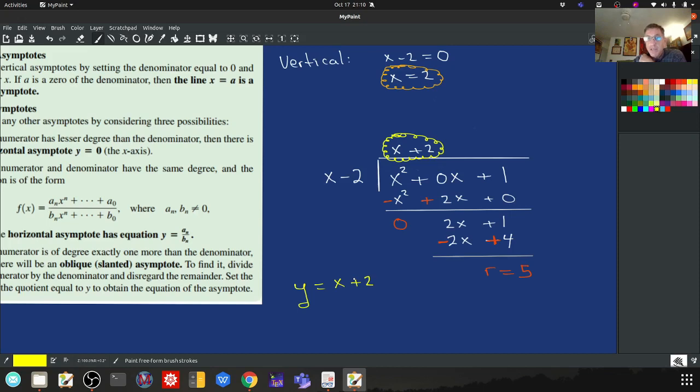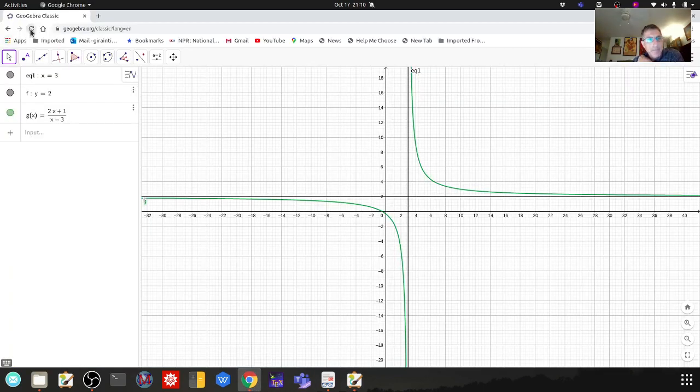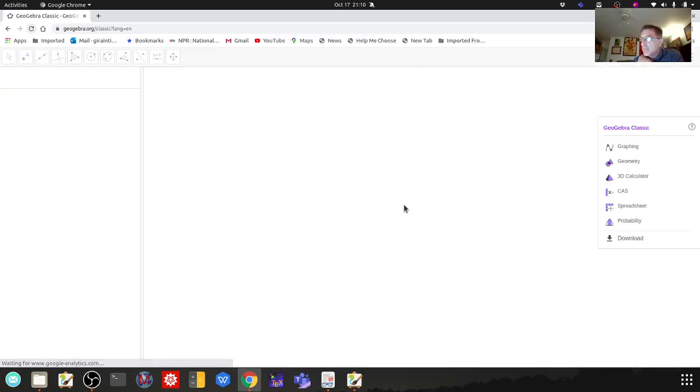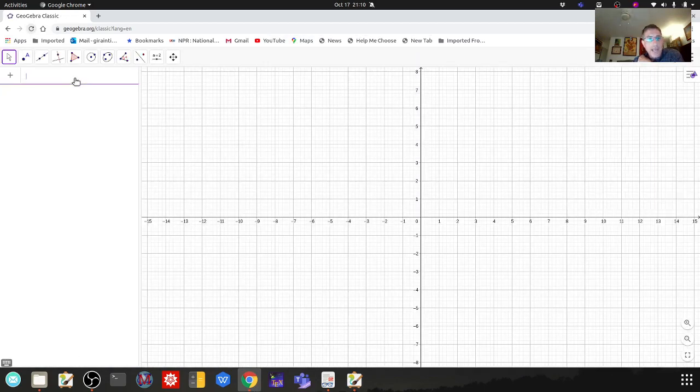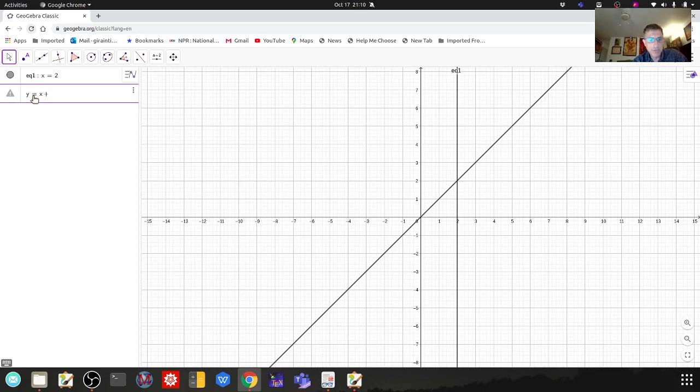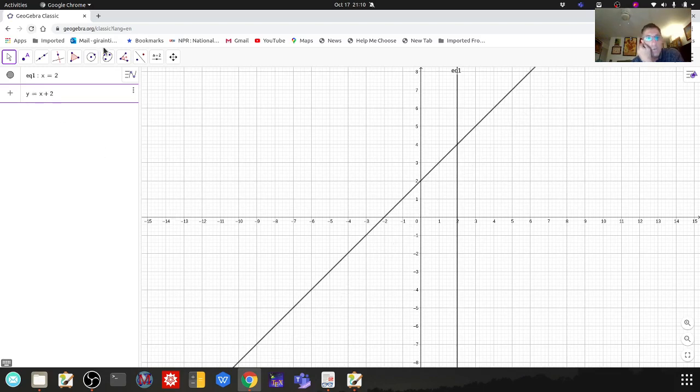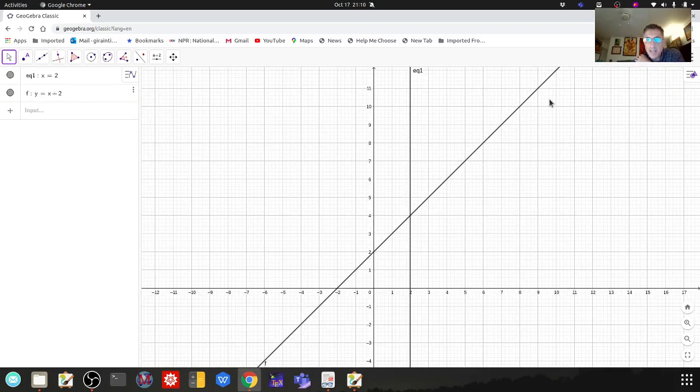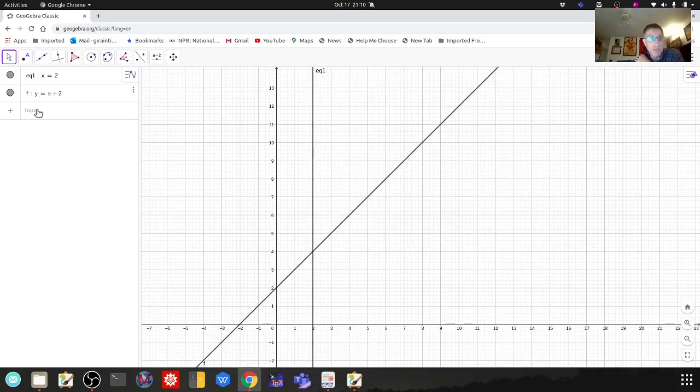And this is going to be a good one for us to look at. So we have one vertical at x is equal to 2, and then we have an oblique at y is equal to x plus 2. So wow, that's kind of interesting. Let's see what it's going to look like.